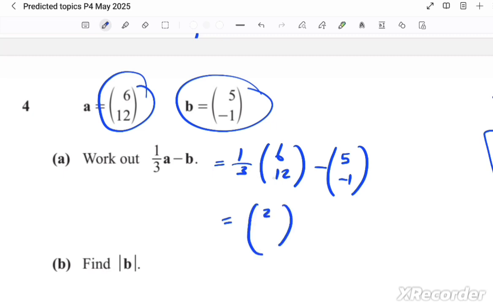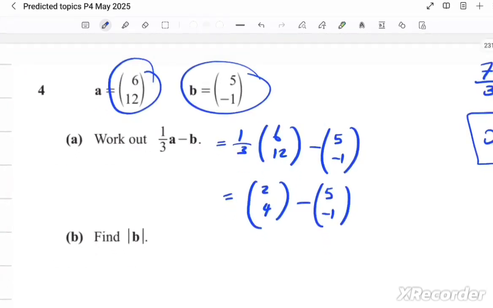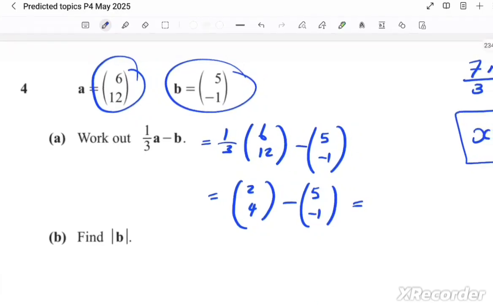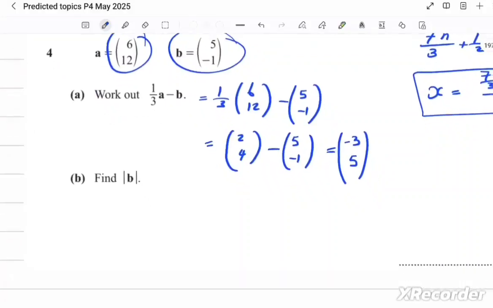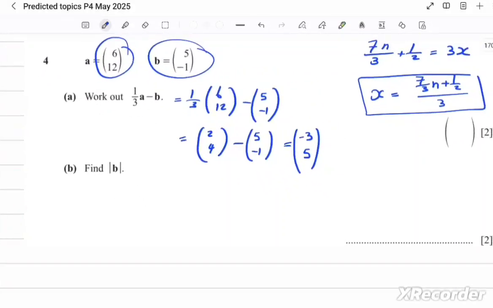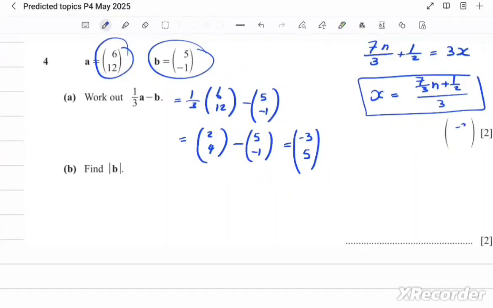And 1/3 times 12 is 12/3, which is 4. Minus, on the other side we have 5, -1. Let's simplify more. 2 minus 5 is -3. And 4 minus -1, like 4 plus 1, is 5. So the answer here is -3, 5. You should write -3, 5 there.